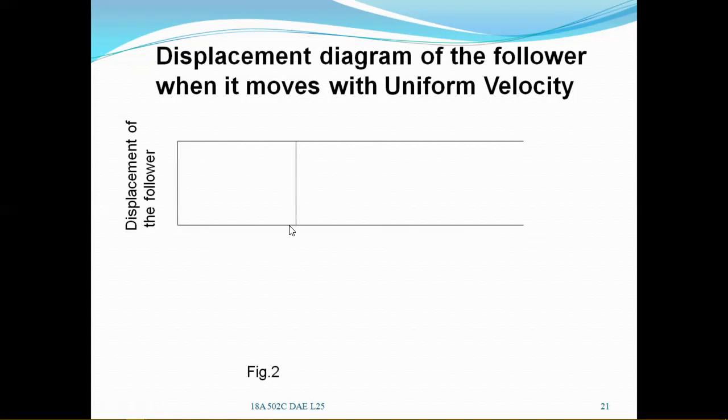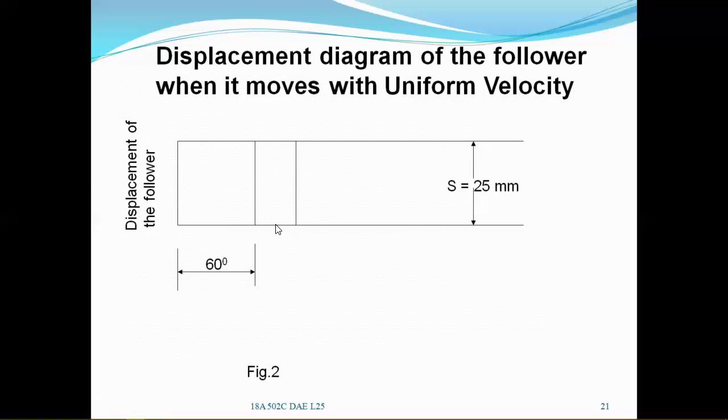And this division on this angular displacement is the outstroke, which is equal to 60 degrees, and this will be the lift of the follower or stroke of the follower, 25 mm.